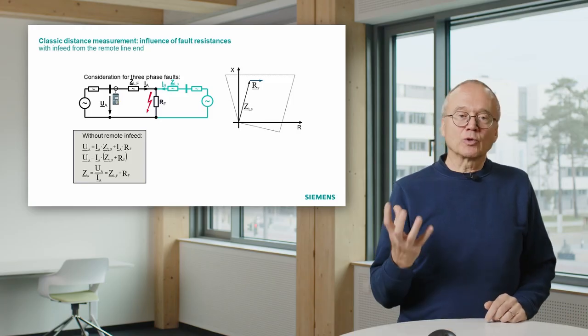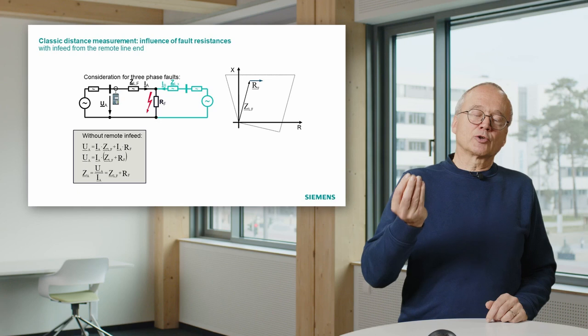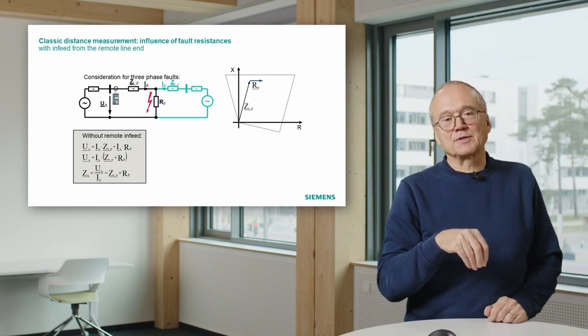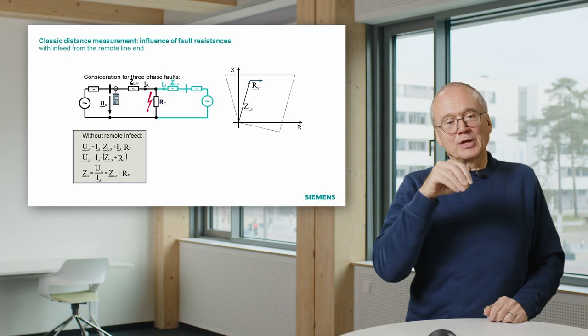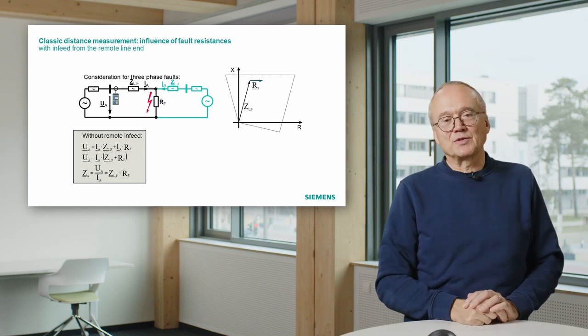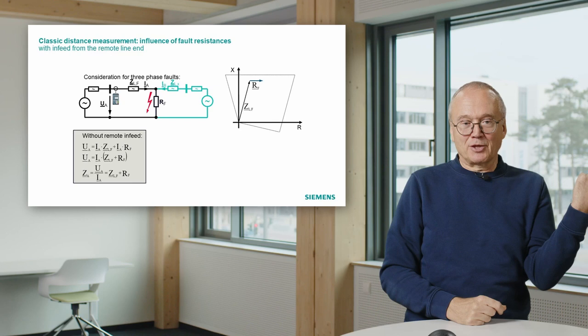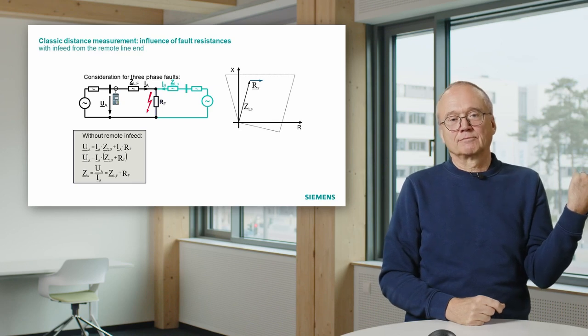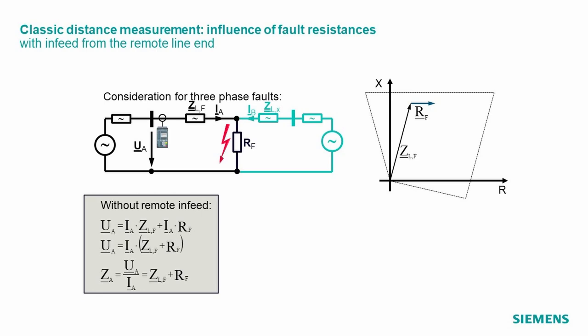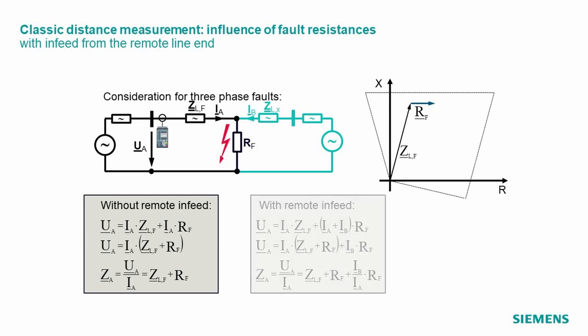And that means the right side now drives a short circuit current through the fault resistance. This gives an additional voltage drop through the fault resistance, which is seen by the left relay. That means the current from the right side influences the measurement on the left relay.